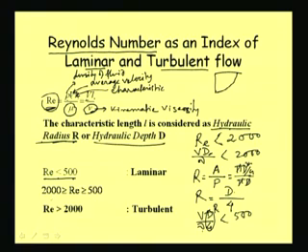And when the Reynolds number goes beyond 2000, the flow becomes turbulent in case of open channel flow. When the Reynolds number is between 500 and 2000, the flow is called in transition from laminar to turbulent. So that way also we can classify the flow based on its turbulence level.